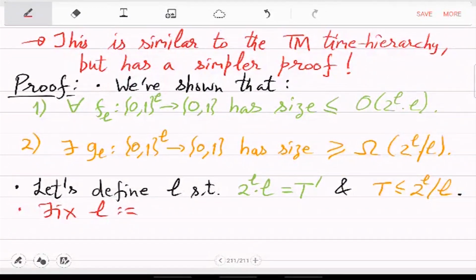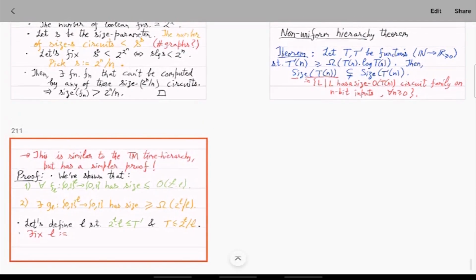This L will be something like log T prime. Okay, let me correct one thing here.